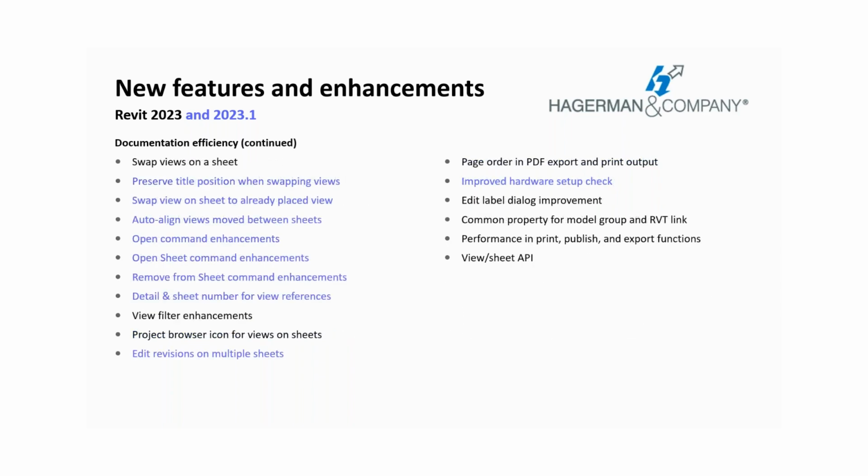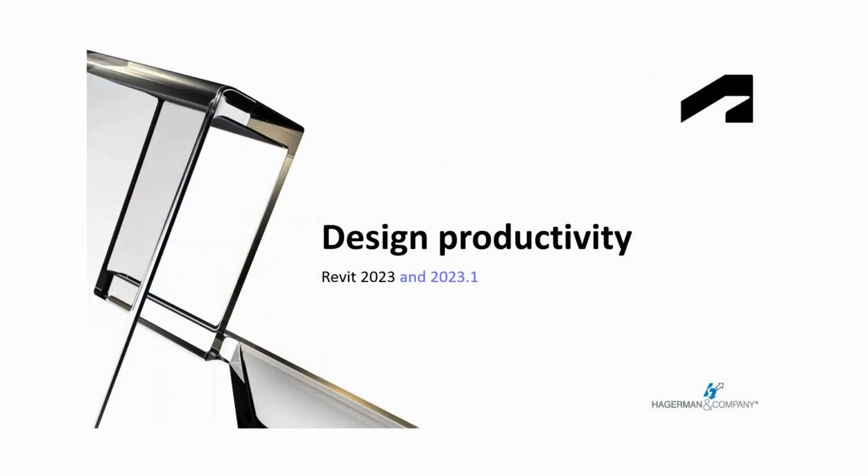And the list just keeps going. So we do have a lot to cover today. All right, so this brings us to our first key theme we will see in depth today, and that is design productivity.